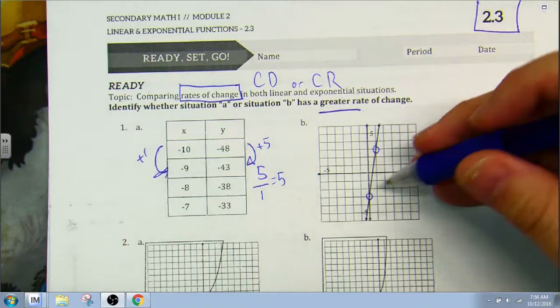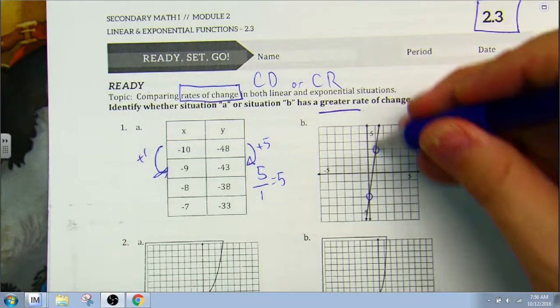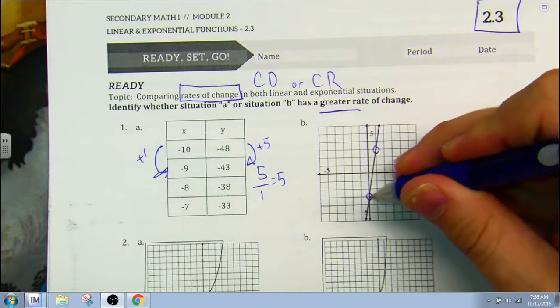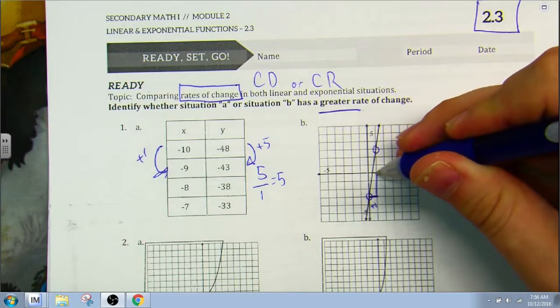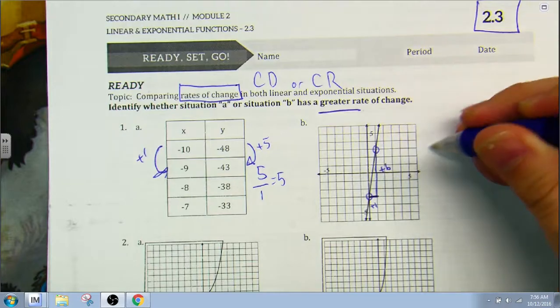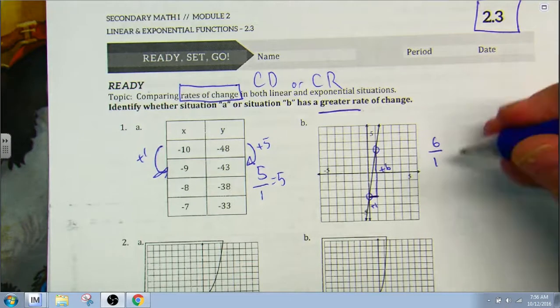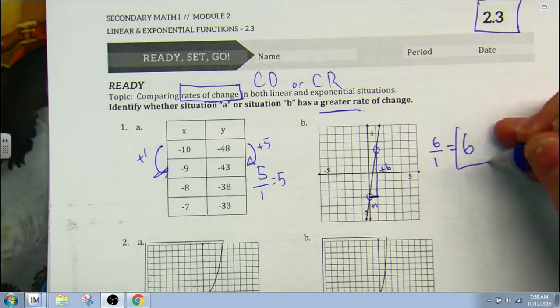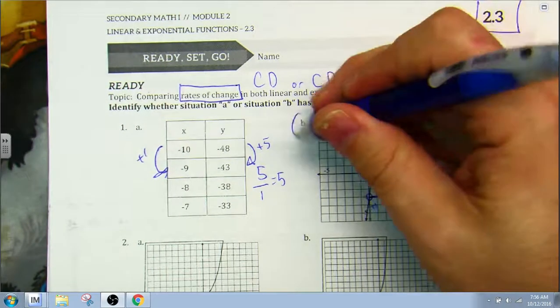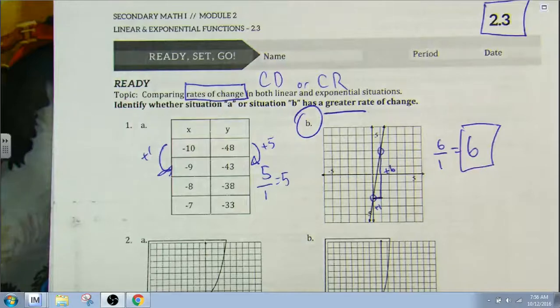Seeing that, I now calculate my change in x, plus 1, and then my change in y, 1, 2, 3, 4, 5, 6, plus 6, giving me a 6 over 1 rate of change, or more simply 6. 6 is greater than 5, therefore B is my answer.